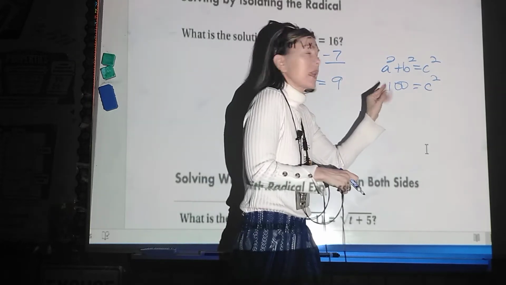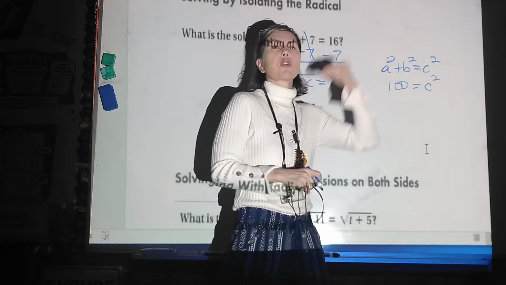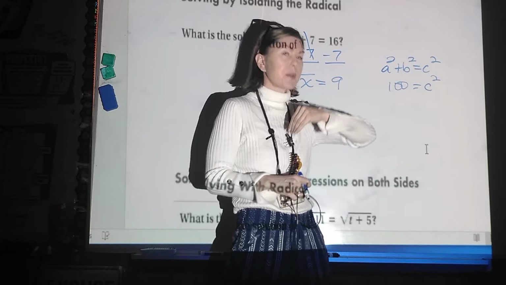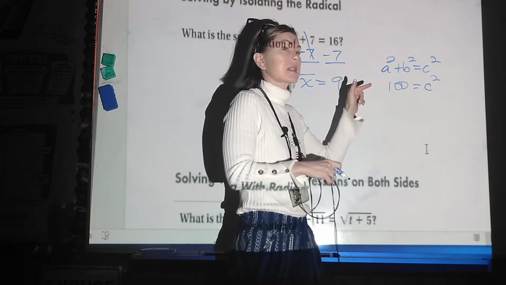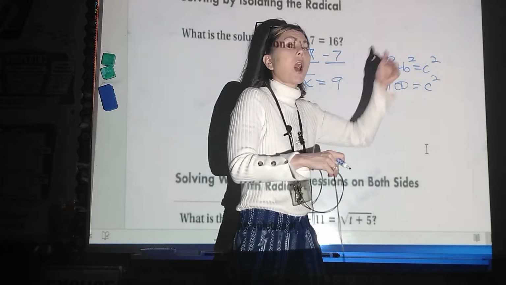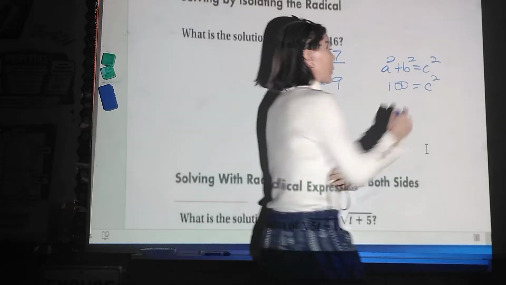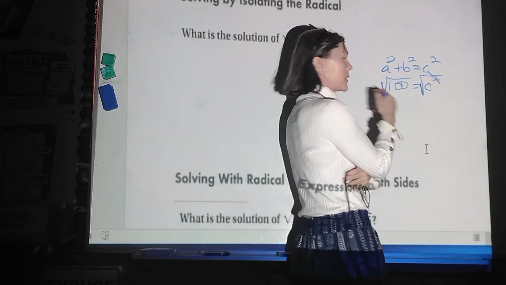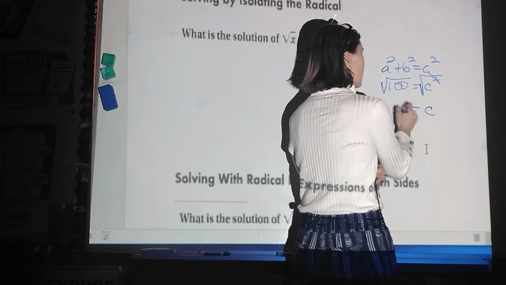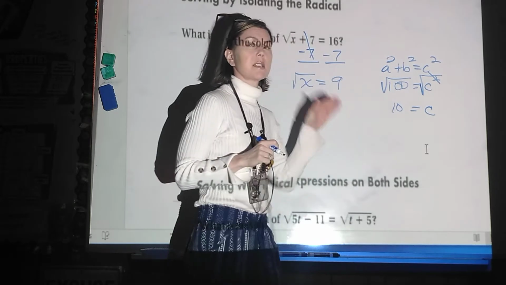That's not c, it's c squared. So how do we get rid of the squared? By doing the opposite of what we were given, right? And what's the opposite of squaring something? Taking the square root of it, okay? Whatever we do to the right side of the equal sign, we also do to the left, and bring down our c, and the square root of 100 is 10.